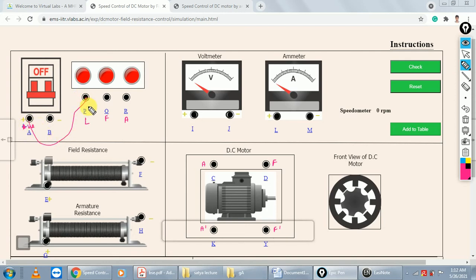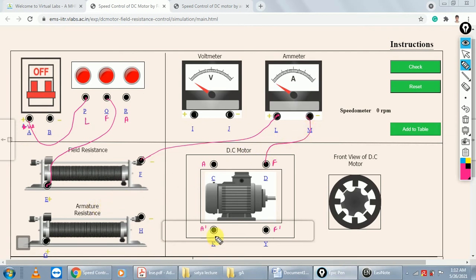This positive terminal will connect to this L. So this positive voltage comes across this F and A. Suppose you connect the field in series with this rheostat. So F connects to this field resistance terminal E, and this F connects to, suppose you want to measure the current, this ammeter in series with the field winding.